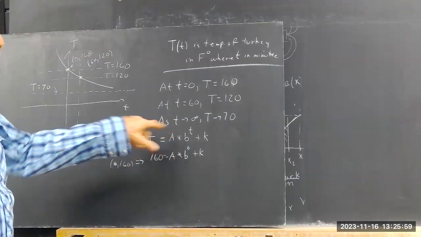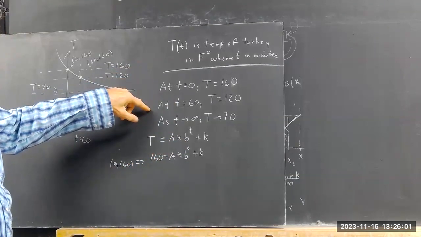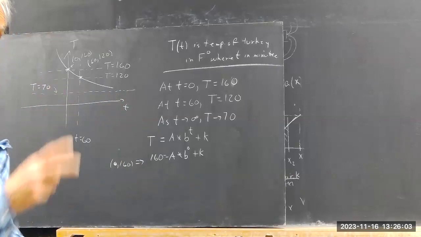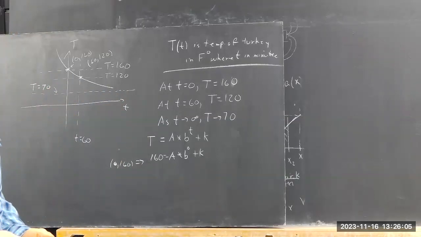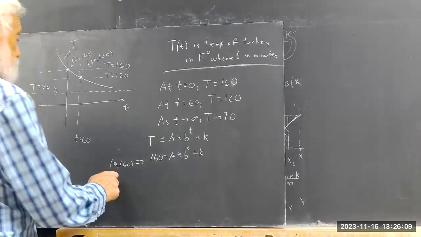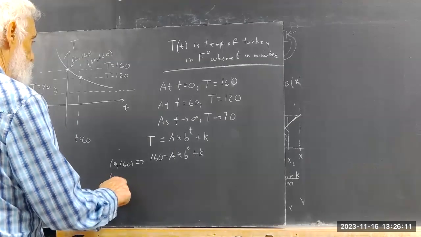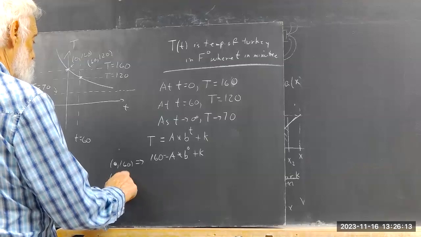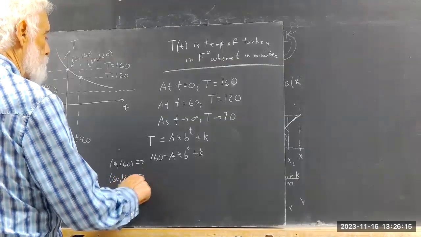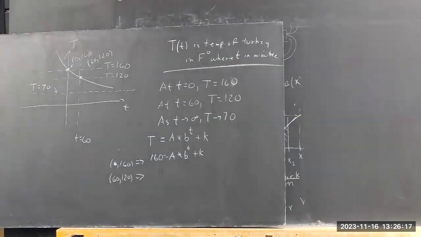But you do know big T and little t for 2 points, which gives you 2 equations that you can solve for 2 unknowns. Then you have (60, 120). Write down that equation for me.